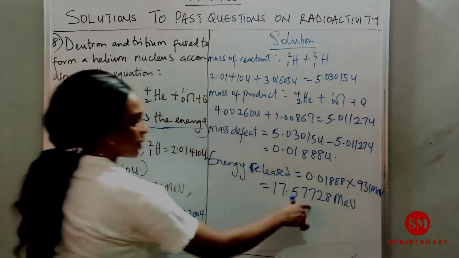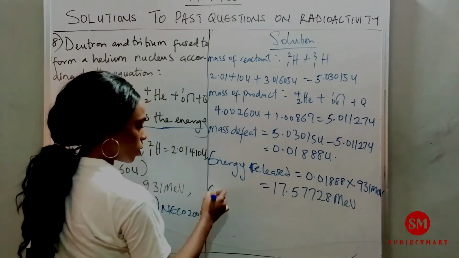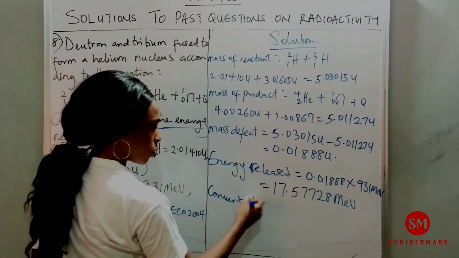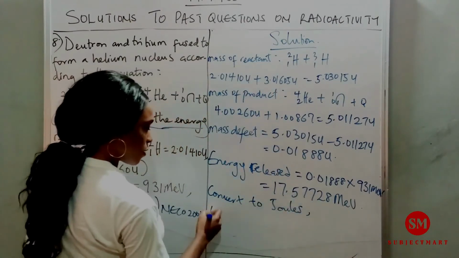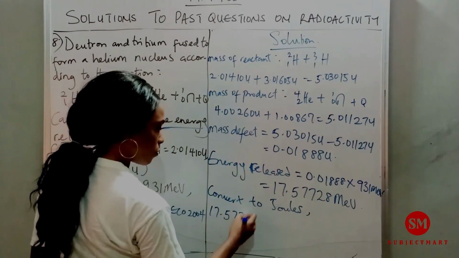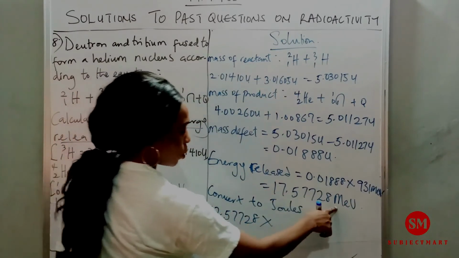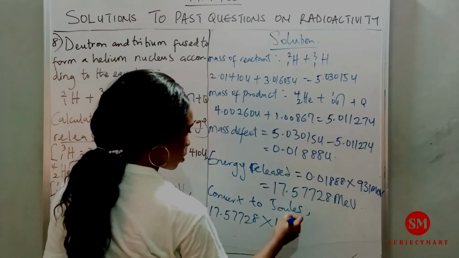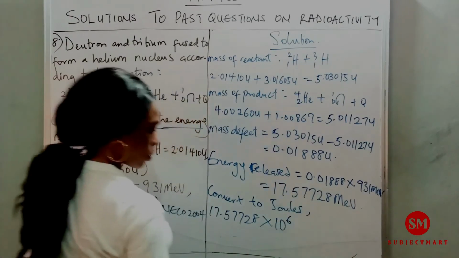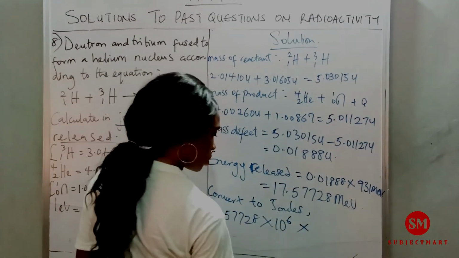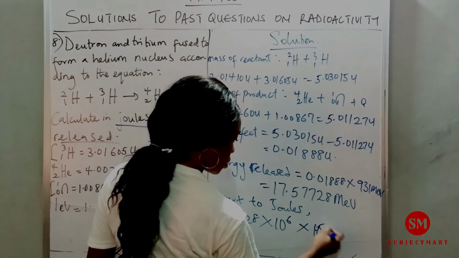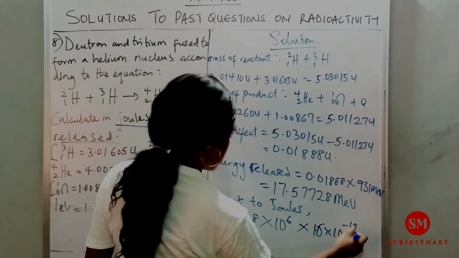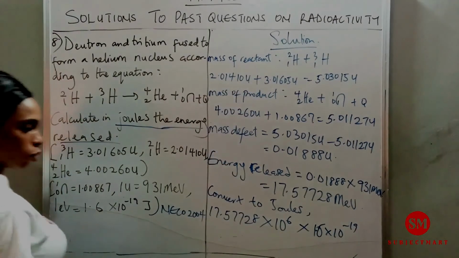So if we convert this to joules, we have 17.57728, I told you that this is 10 raised to power 6, times 1.6 times 10 raised to power minus 19, which is 1 electron volt.